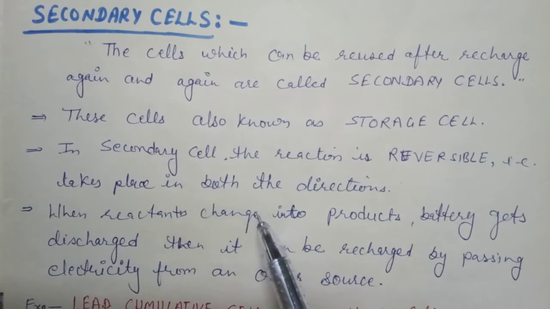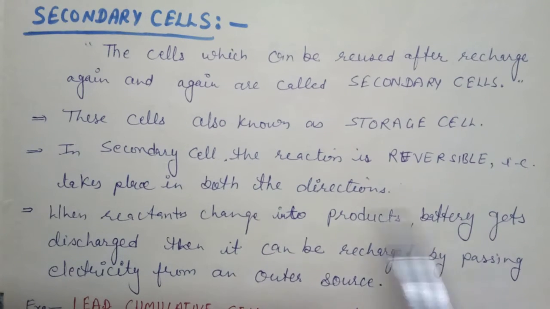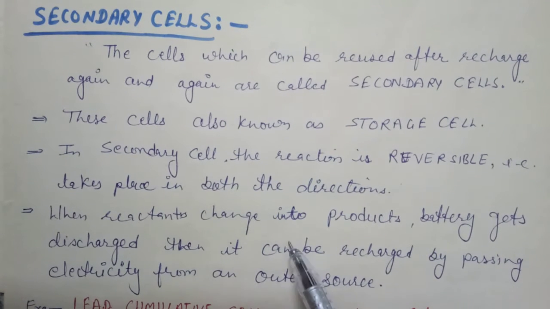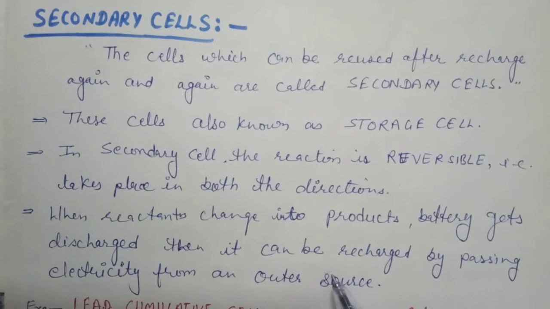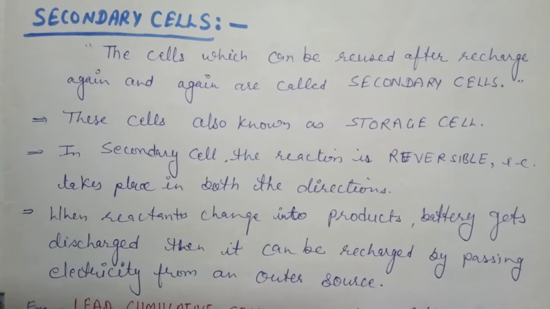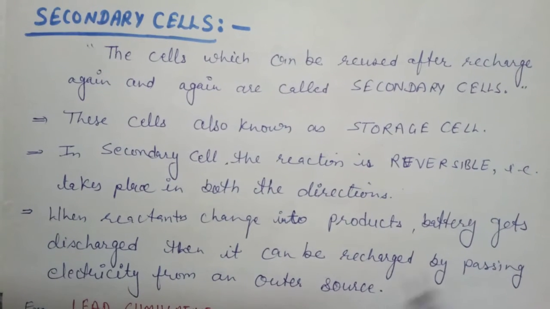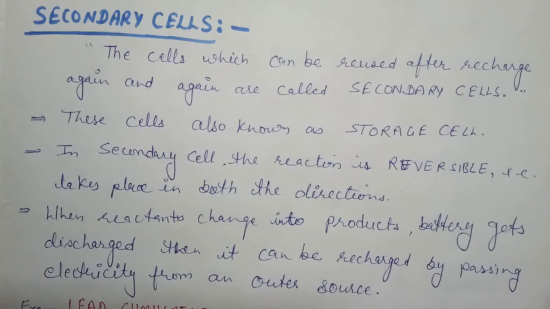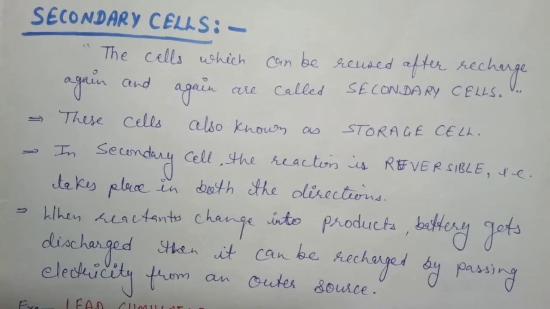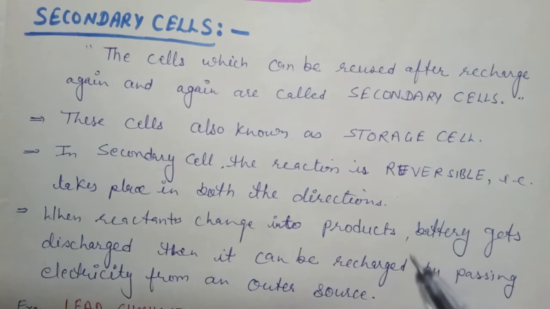When reactants change into products, then battery gets discharged, then it can be recharged by passing electricity from an outer source, just like in our mobile phones. When a mobile phone gets discharged, then we charge it by the source of electricity. So we use secondary cells in our mobile phones.